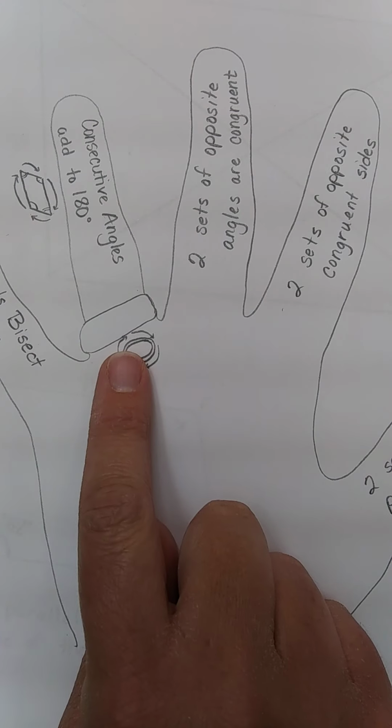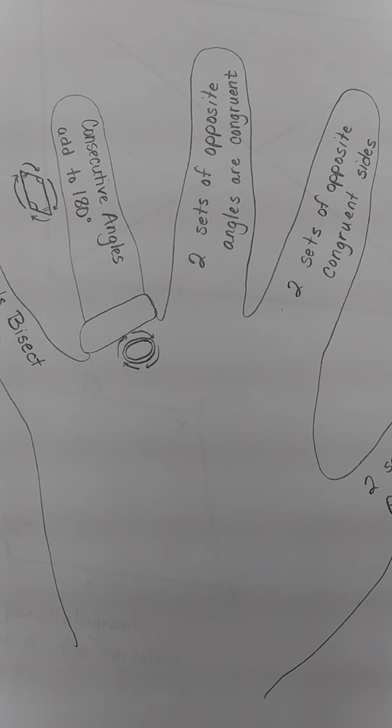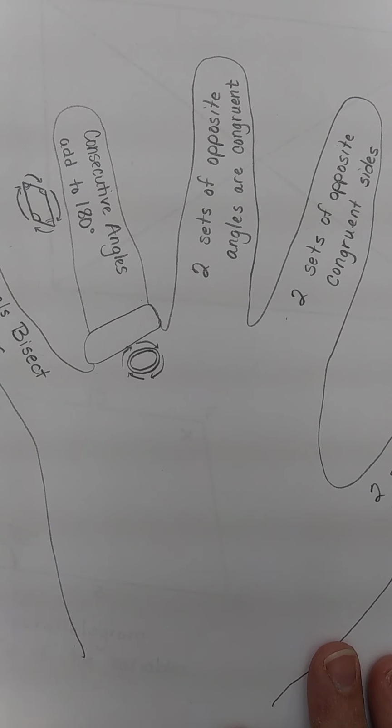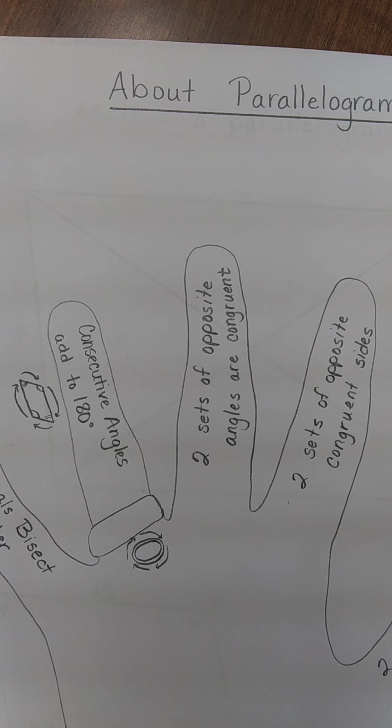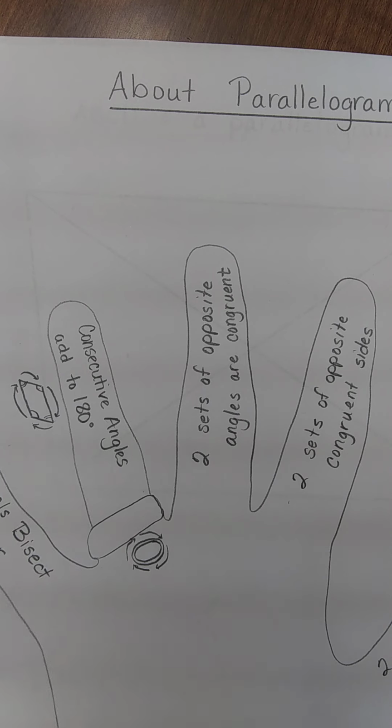It's the ring finger that doesn't have a converse. So not everything that has consecutive angles supplementary will automatically be a parallelogram, but it is true of all parallelograms. That's why it can't have a converse, but it is one of the properties. So keep this handy so that you'll be able to use it as you go through not only your assignment, but also the quiz later on.